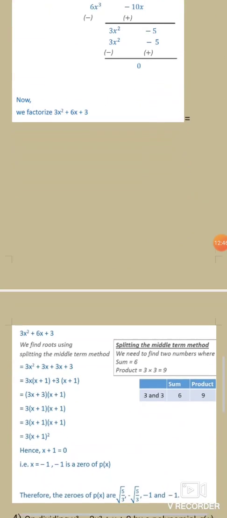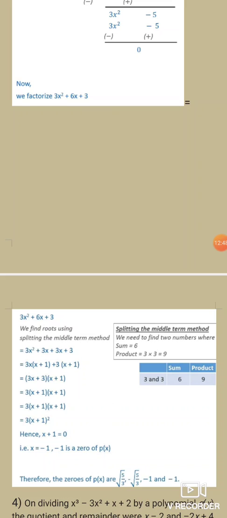When we apply splitting middle term method, 3x square plus 6x plus 3 can be split as 3x square plus 3x plus 3x plus 3. Then common factor 3x into x plus 1 plus 3 into x plus 1. So 3x plus 3 into x plus 1 are the factors. Then 3 common factor we can take, x plus 1 into x plus 1, which is x plus 1 the whole square.